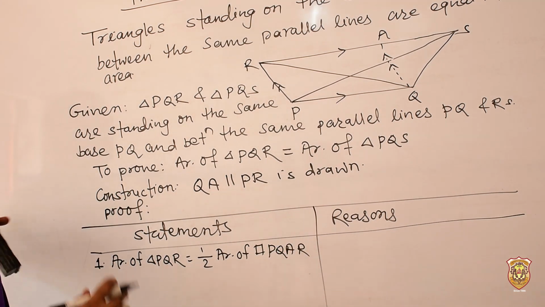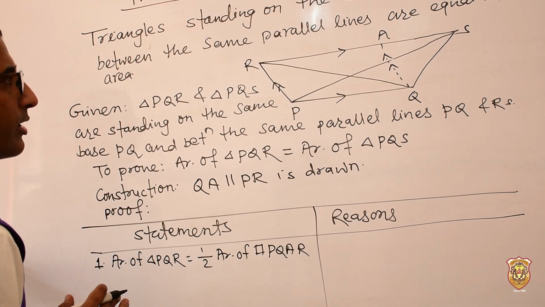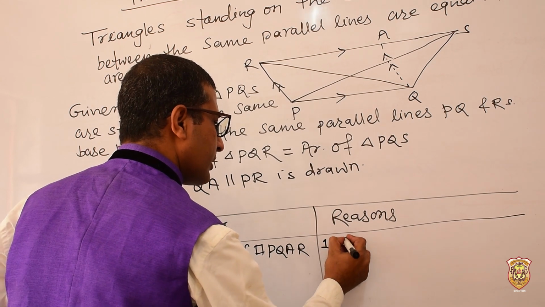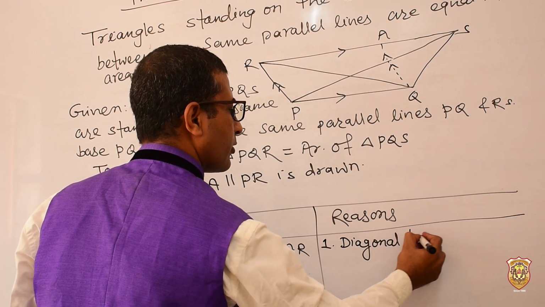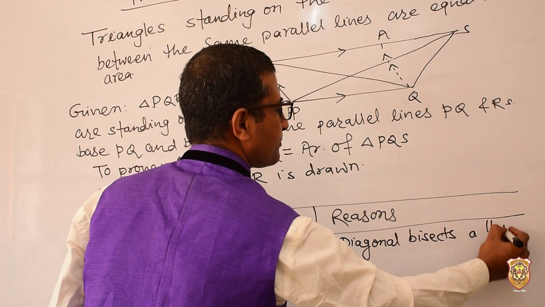We can write the earlier theorem, that is area of triangle is half the area of parallelogram. Instead of that, we can also use diagonal bisects of parallelogram.